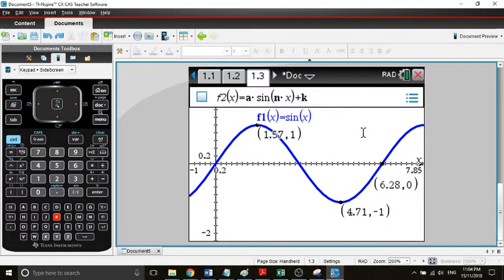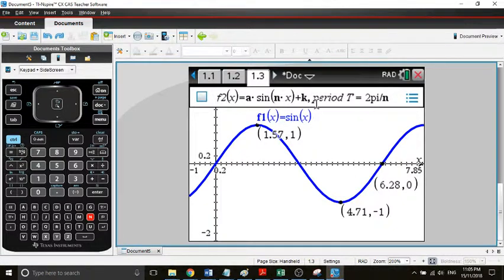So it's 2 pi for this because your period, which our symbol is T, equals 2 pi over N. So we'll have a look at that change in a minute. This K, just like with a parabola, with a square root function, with anything, shifts your equation up or down. Positive K moves it up, negative K makes it move down.